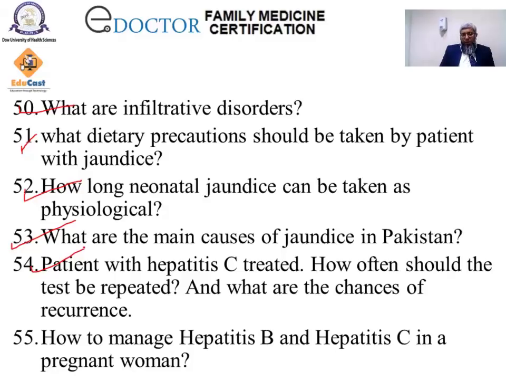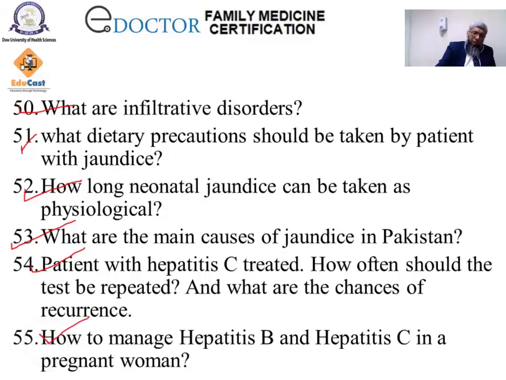Once you get PCR negative at the end of the therapy, stop therapy, and then you check them after 12 weeks, 3 months down the road, once you have stopped therapy. And then if they are negative, then this is cured and you don't need to repeat again.